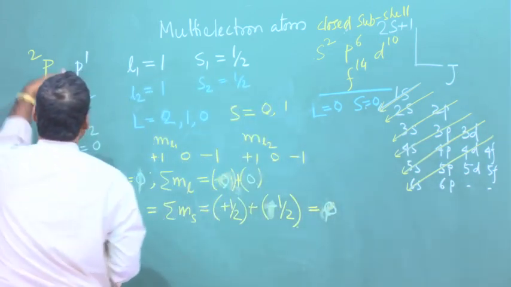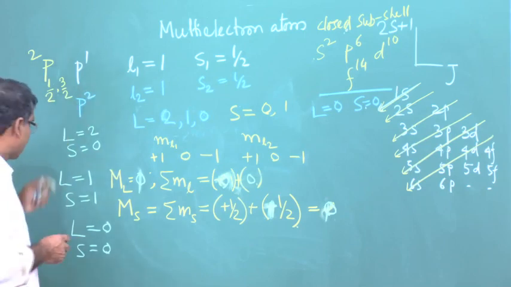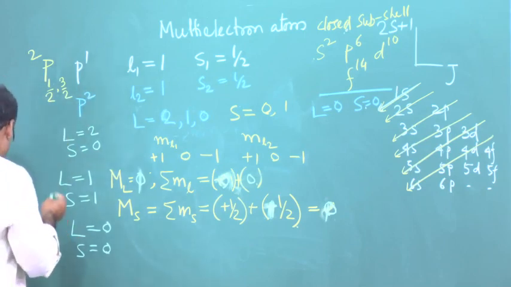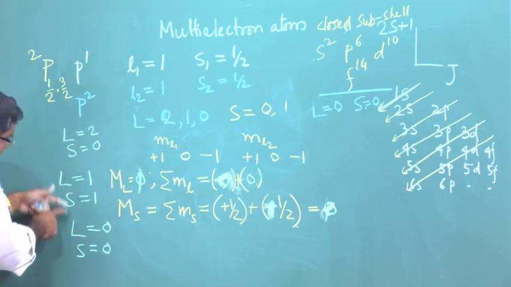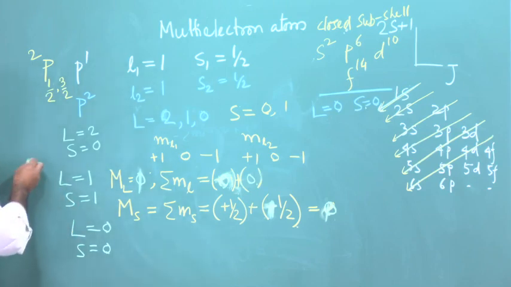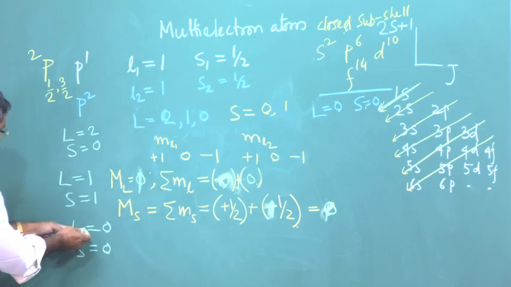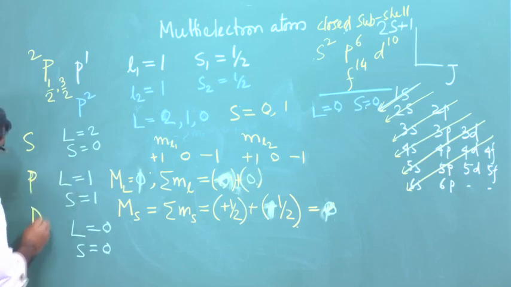So, for P2, the 2 electron, what will be the state? What will be the spectroscopic term? So, L2, L1 and L0 all are allowed. So, L equal to 0 is S, then L equal to 1 is P, and then L equal to 2 is D, okay.